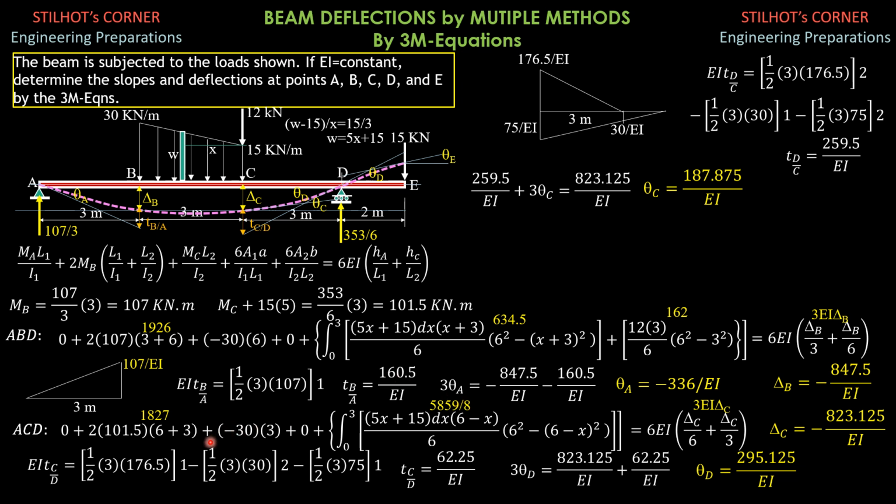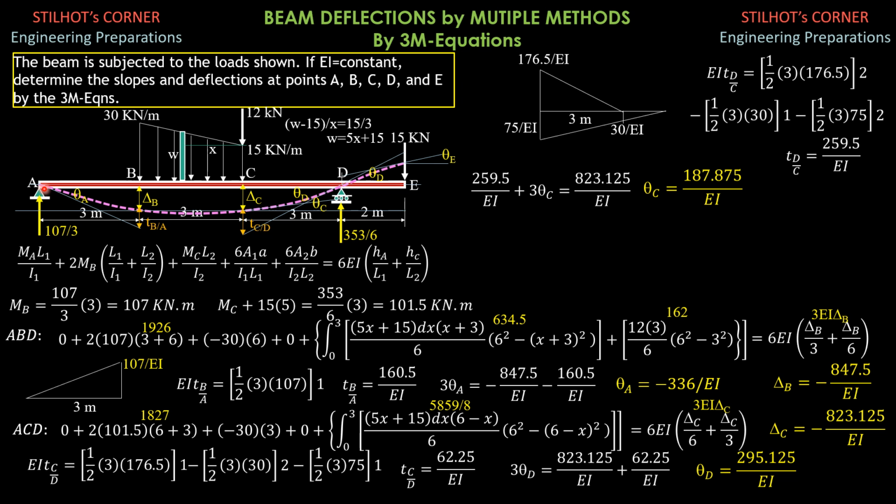So to continue, let's consider ACD as the 3 points in setting up the three moment equations. So moment at A is 0 plus 2 times moment at C. The moment at C is 101.5 positive.